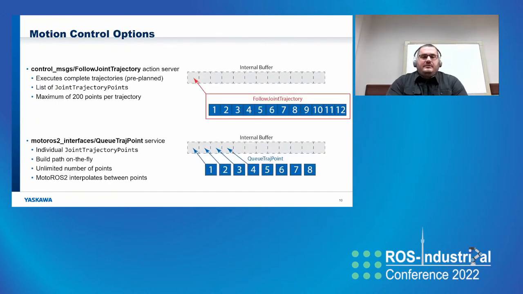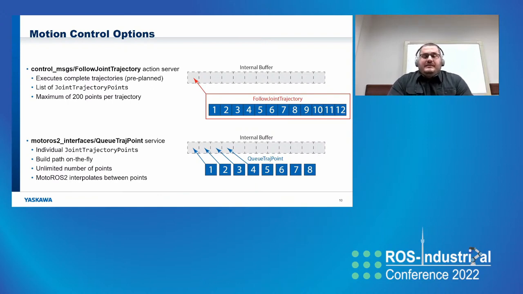So we have two primary ways to control motion: the follow joint trajectory action server. If you're using MoveIt and you want to plan out an entire path and send it to the robot controller, it just all comes as one big trajectory. Due to the resource constraints on the robot controller, we are limited to 200 points.